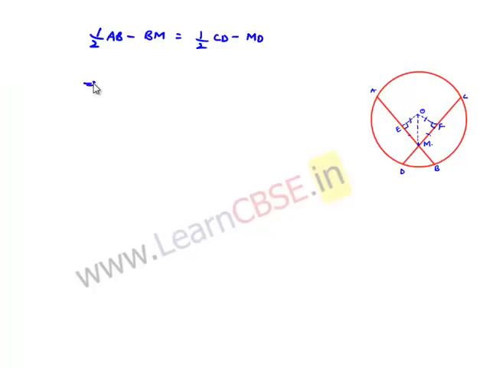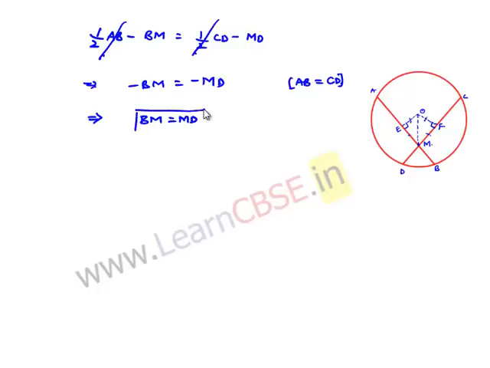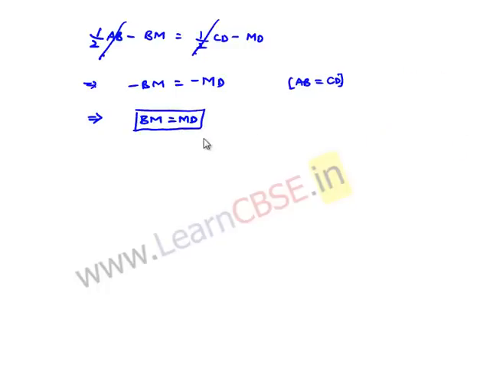But we know that AB is equal to CD since we have taken equal chords. Therefore half AB cancels on both sides. We are left with minus BM is equal to minus MD, which implies BM is equal to MD. This is the first result, that the segments from the intersection point are equal.